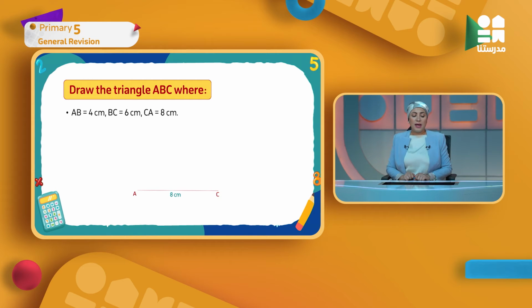Now I will draw CB, so CB is 6 centimeters. I take my compass, stretch its arms on the ruler to a length of 6 centimeters, and then put the sharp tip of the compass at point C, because here I want to draw CB, so point A is not in my calculations at all. I put the sharp end of the compass on point C where I will swing my compass to draw an arc.